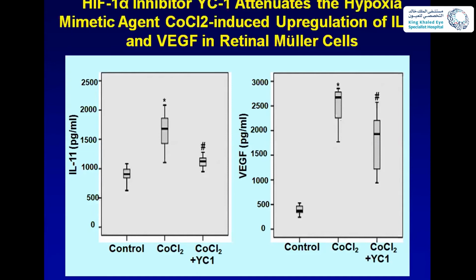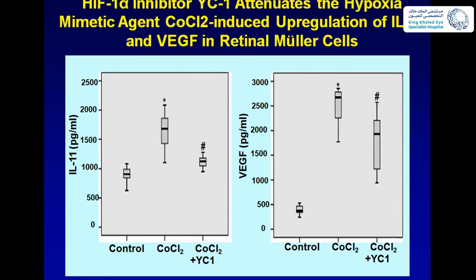In the Muller cell, when we treat with cobalt chloride, which is the hypoxic condition in cell culture, we found that because of the hypoxic condition, the level of this nasty, bad cytokine is increased significantly. And when we use the hypoxic inhibitor YC1, an inhibitor of HIF1 alpha, its level decreases.